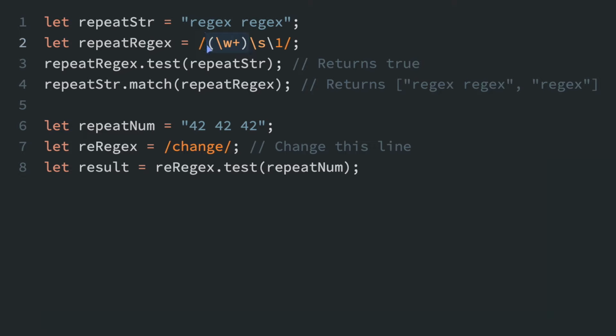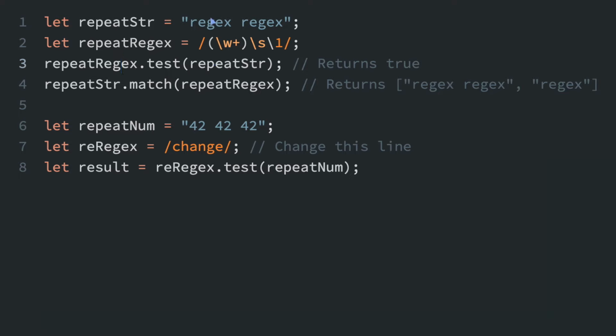So in this regex, we have this first group in parentheses, and we can repeat that first group with a \1. If we had another group with parentheses, we could repeat that second group with \2. So in this case, we are searching for any group of any number of letters followed by a space followed by any number of letters that are the same letters as before, because we're doing \1.